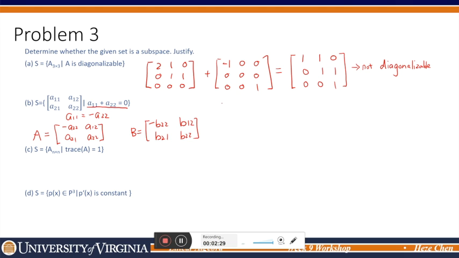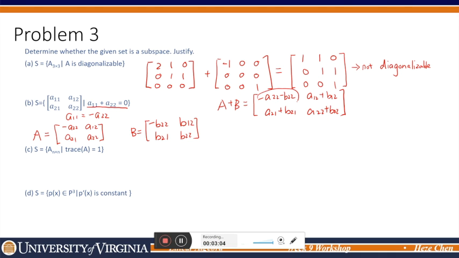We can prove it's closed under addition by doing A plus B, which should be equal to [-A22 - B22, A12 + B12; A21 + B21, A22 + B22].